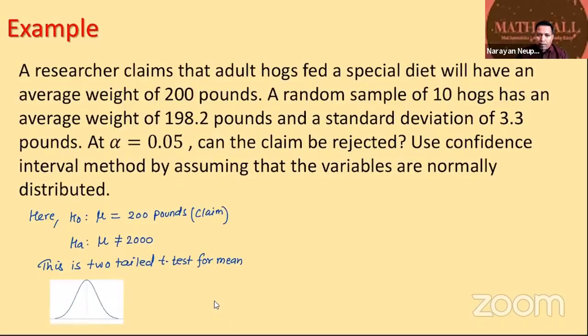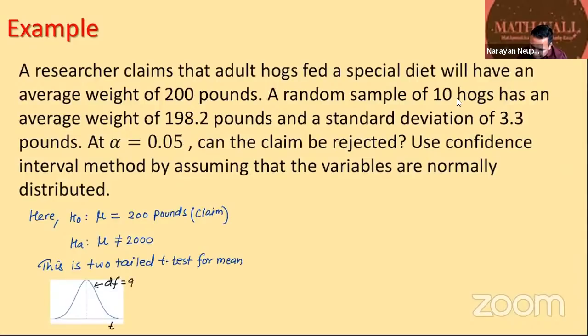When I say t distribution, we must have the degrees of freedom. Here, your sample size is 10, so degrees of freedom is n minus 1, that will be 9. Degrees of freedom is equal to 9.